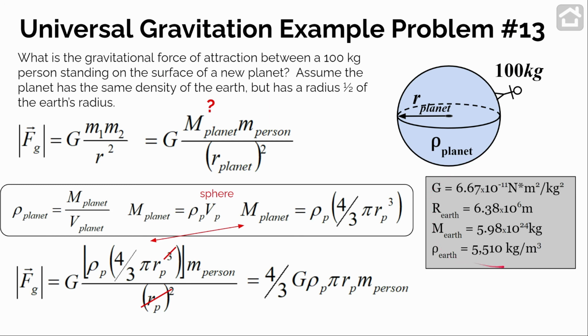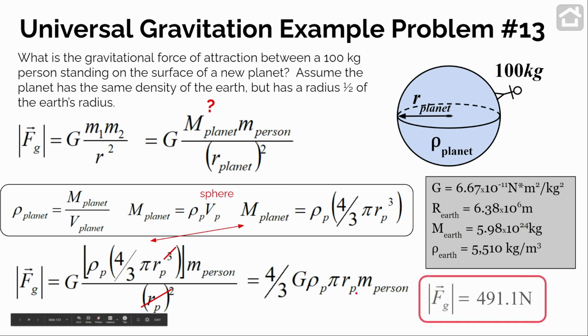Well, if we go ahead and take the values, if they're given, and plug them into this equation where the density of the Earth, same as the planet, is 5,510 kilograms per cubic meter, we take the radius of the planet, which would be half of the value for the Earth, and we plug that into the radius. And we take the 100 kilograms and plug it in there, and we multiply all that stuff out. We end up getting what we expected or predicted with our proportional reasoning, it's about 490 newtons. Using specific values, it turns out to be precisely 491.1 newtons.